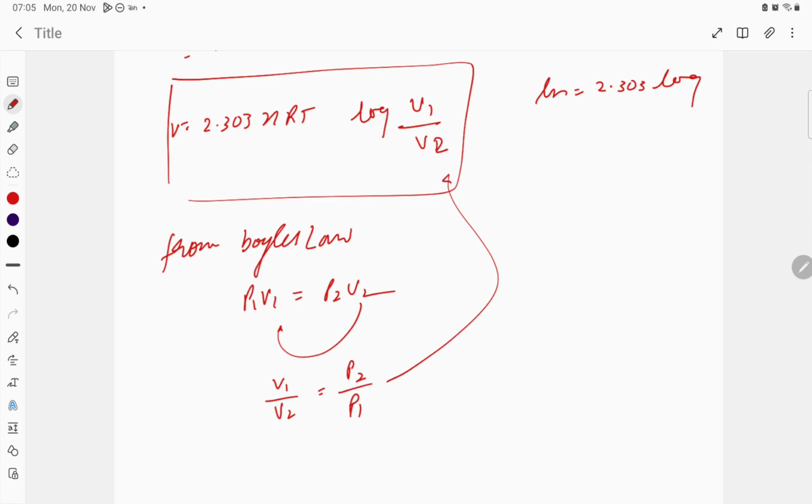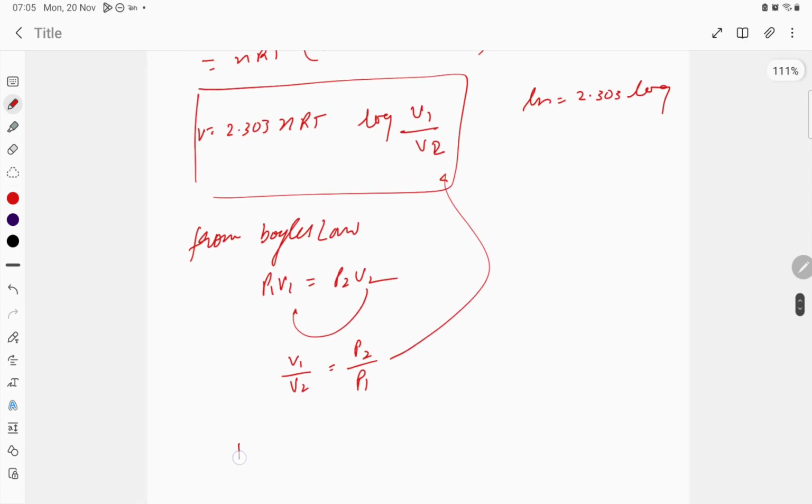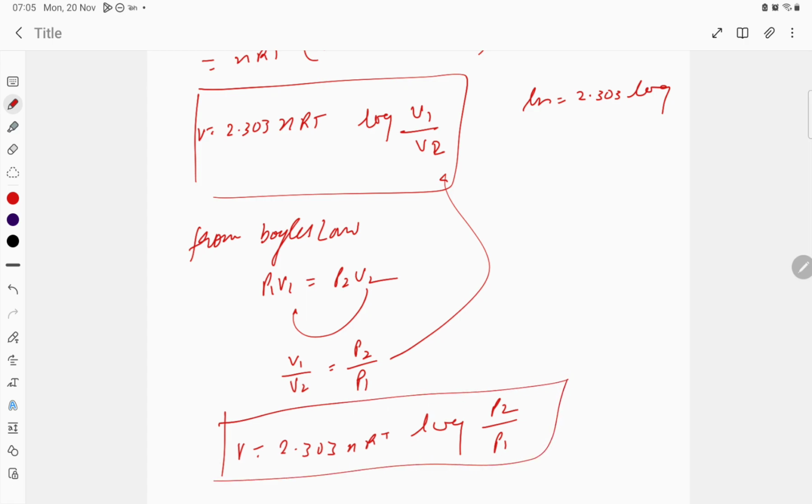We are plugging the value here. So W is equal to 2.303 nRT log P2 by P1. So in terms of pressure, it will be positive, P2 by P1. So this is very simple.